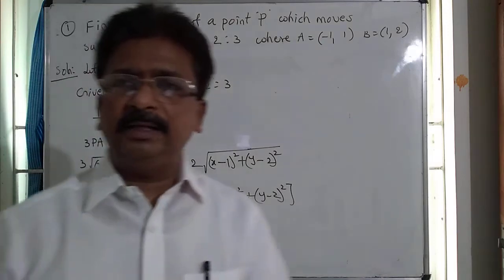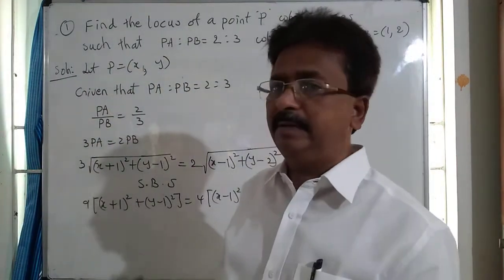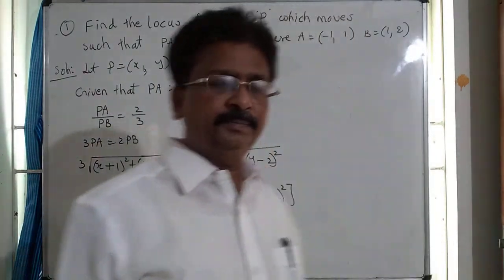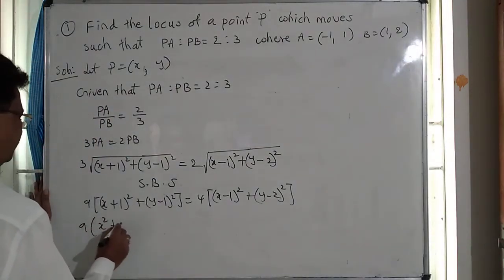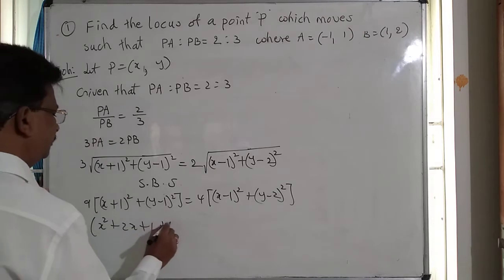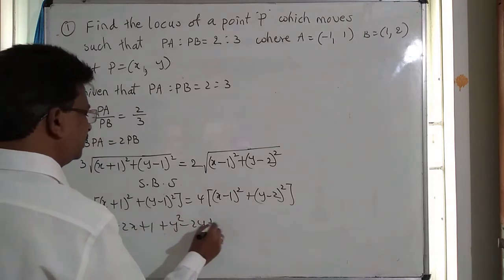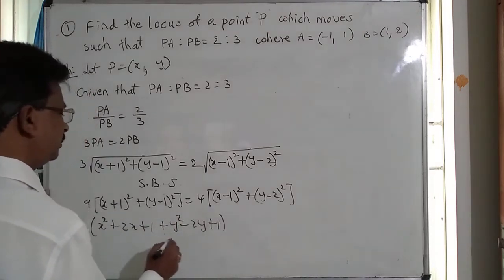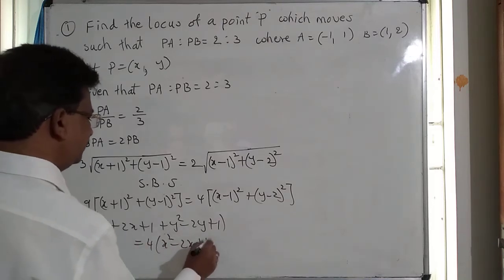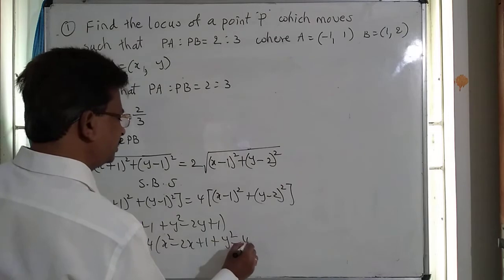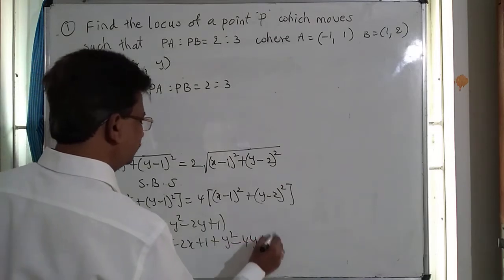I will expand each one in the (a plus b) whole square or (a minus b) whole square form. 9 into (x square plus 2x plus 1 plus y square minus 2y plus 1) is equal to 4 into (x square minus 2x plus 1 plus y square minus 4y plus 4).